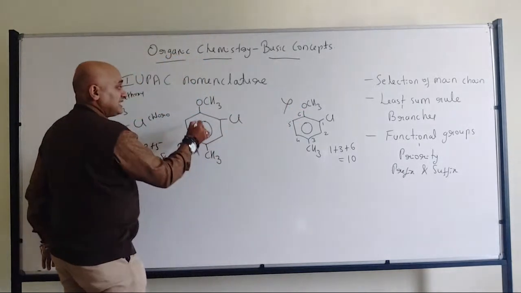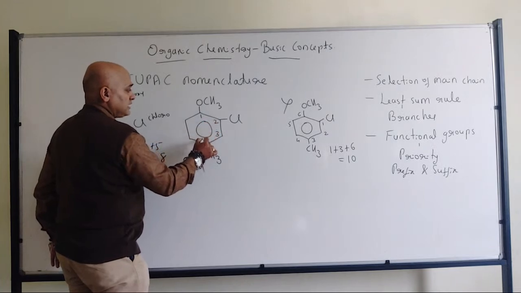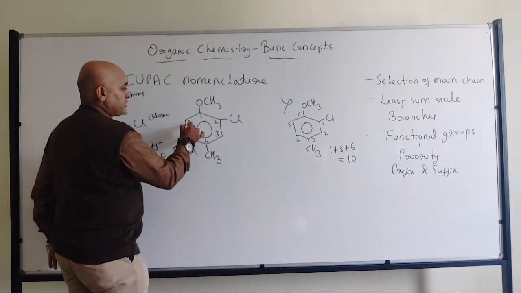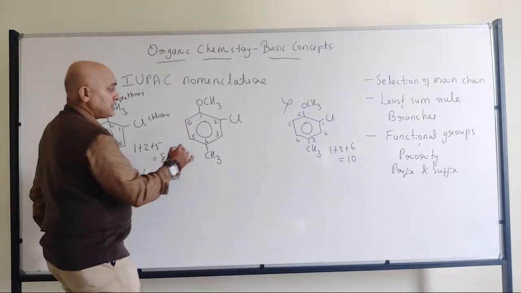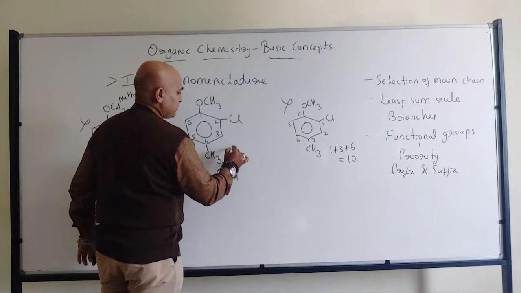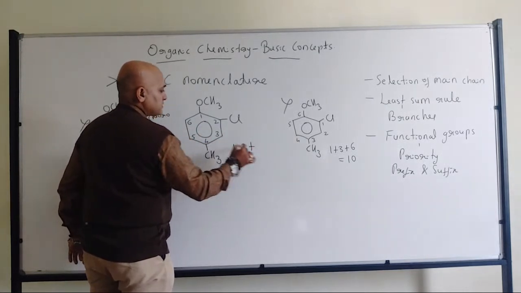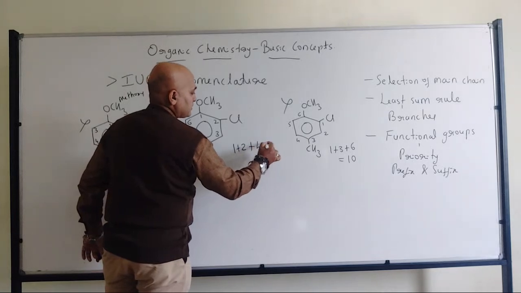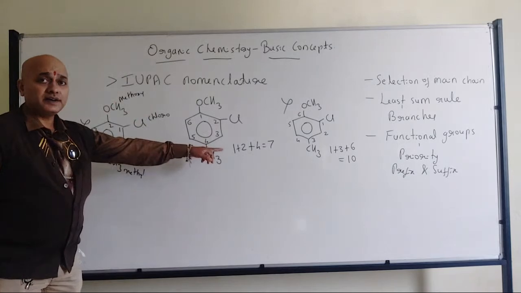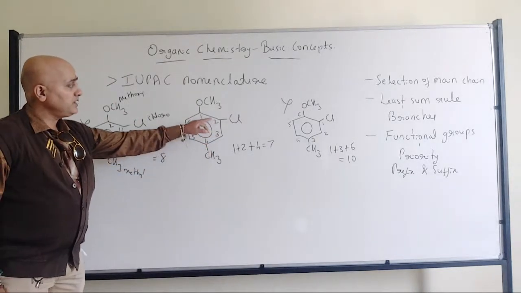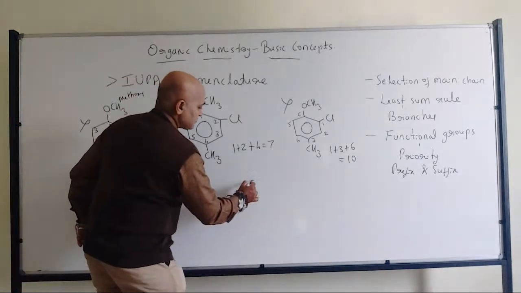Why? Because if I number from here 1, 2, 3, 4, 5, 6, I am going to get the least value, the least sum rule: 1 plus 2 plus 4, that is 7. I am going to get the least number. I cannot even start from here, because even if I start from here, I am going to get a larger value.